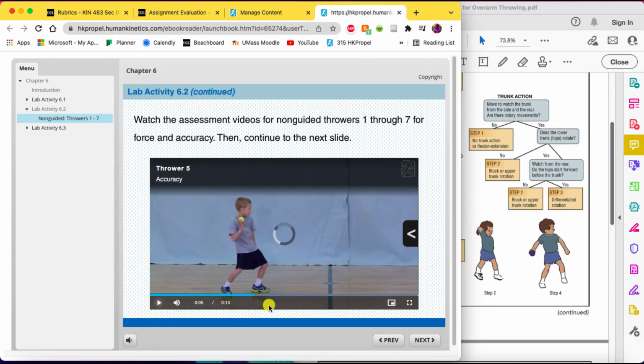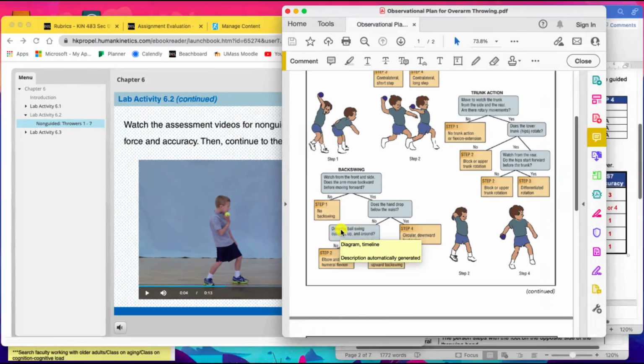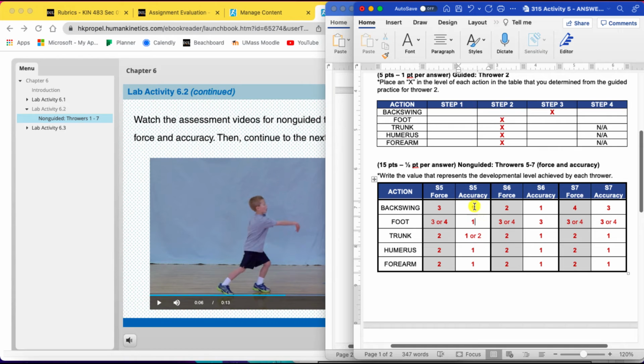He does have a little bit of trunk rotation, which makes it look like his arm is moving backwards, but we're really looking for a backswing where the forearm is behind the body. That's what we're referring to when we say does the arm move behind or backwards before it goes forward. So in this case, there's no backswing, and that's how we end up getting a level 1 for the backswing action.